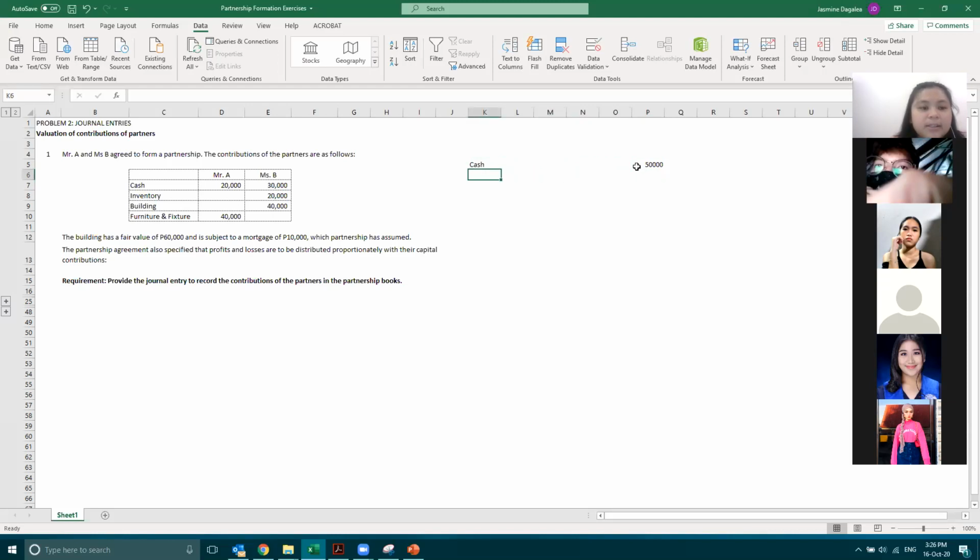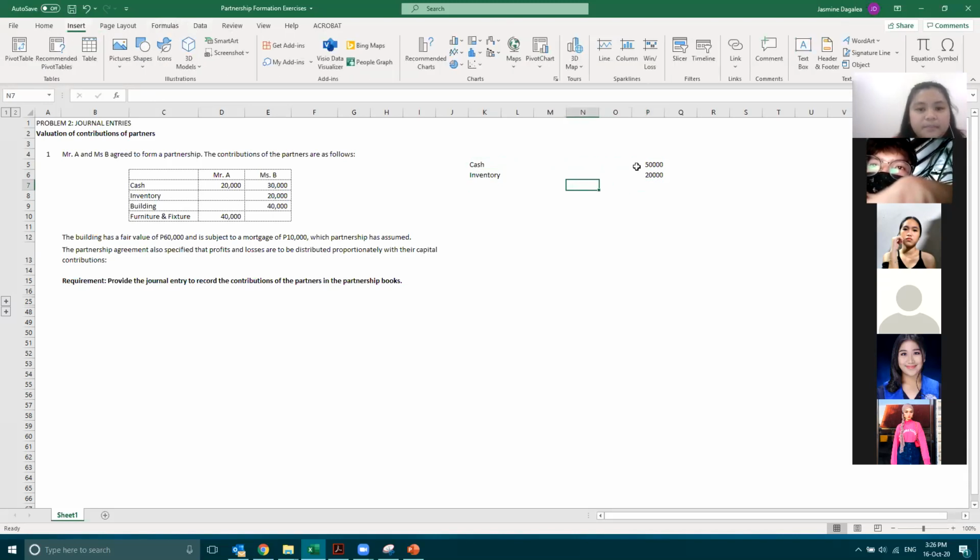Debit Inventory, 20,000. Wala namang sinabi magkano yung cost or NRV, so 20K lang.